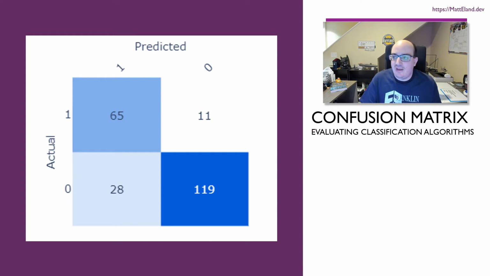Classification uses a confusion matrix, which is confusing at first glance. But this is really just a checkerboard where you have a value that you're predicting. So in this case, maybe we're predicting it's a Christmas movie, or we're predicting it's not a Christmas movie. And in this case, we might have made 65 predictions that it was a Christmas movie that turned out to actually be true.